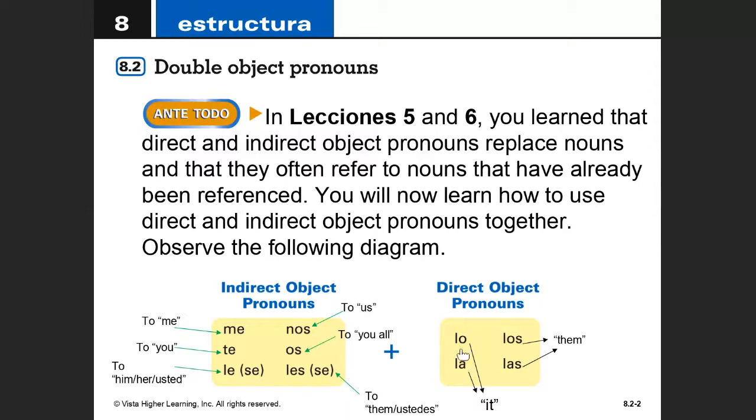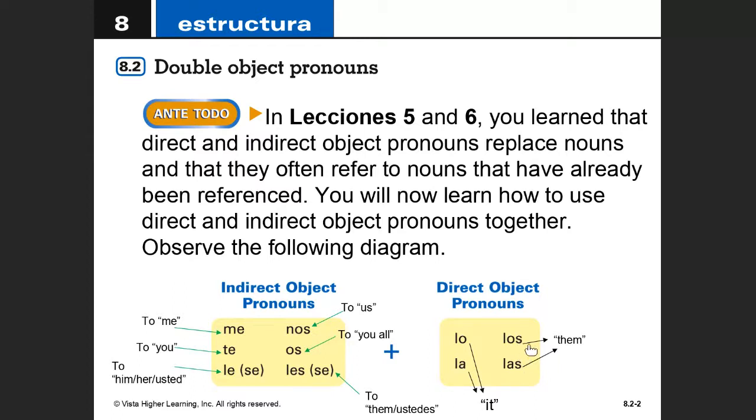So there we have it. Lo will replace something like buying the car, el carro, buying a dog, el perro, and so on. La is going to be for la historia, la geografía. I'm studying it. I'm studying geography, but it is feminine. And the same thing is going to happen with the plural over here.